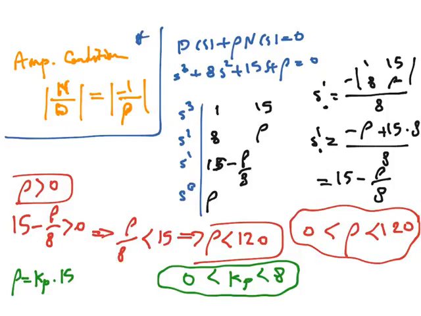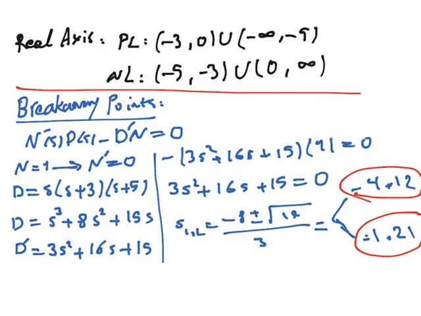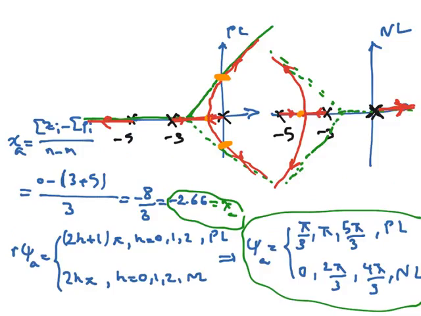Now we can determine the value of omega here. I call it omega because in this case our poles will be pure imaginary.